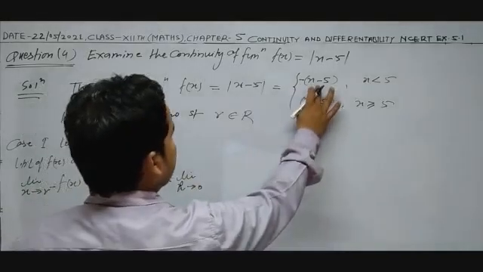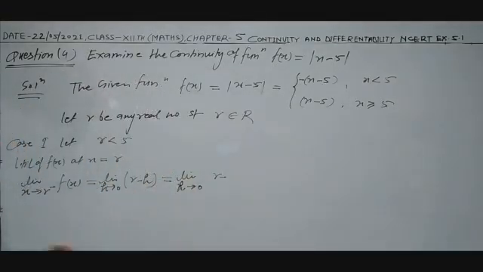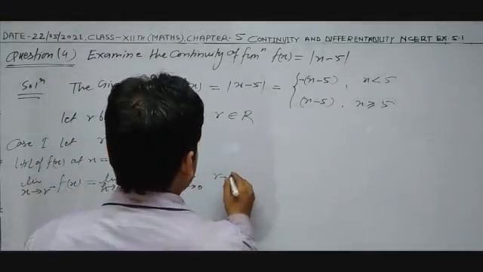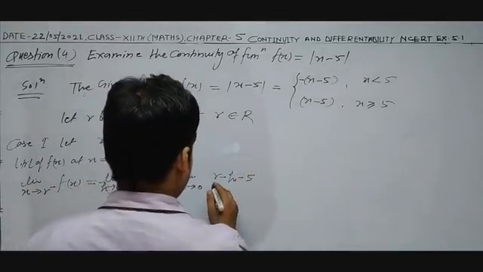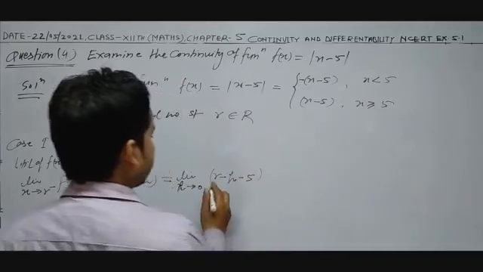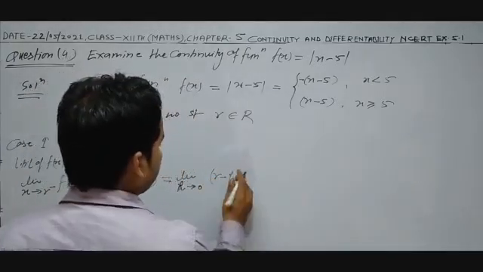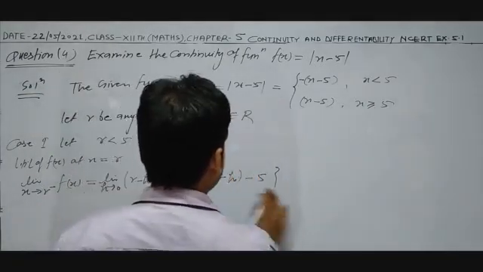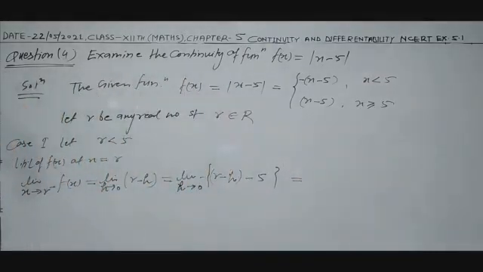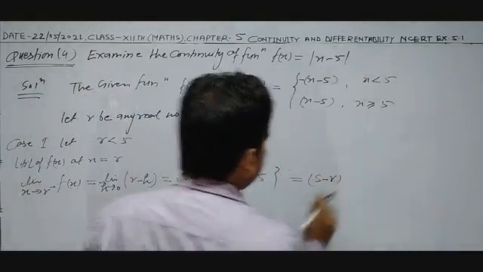At the place of x you will put r minus h, so it is r minus h minus 5, this will be with negative sign, in curly bracket with negative sign. So what will be the result? When h tends to 0, you will get 5 minus r. So the result will be 5 minus r.